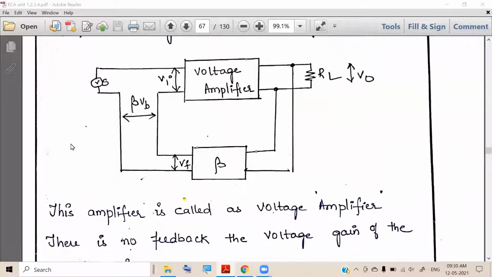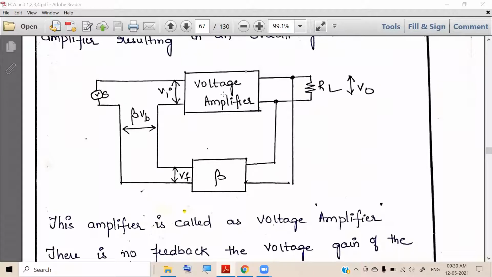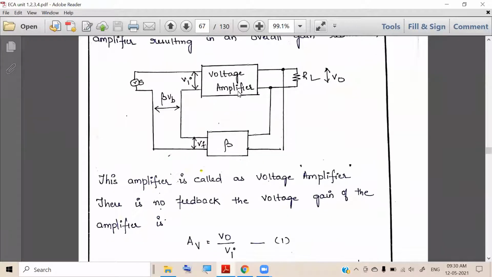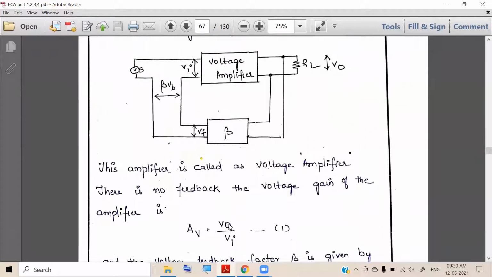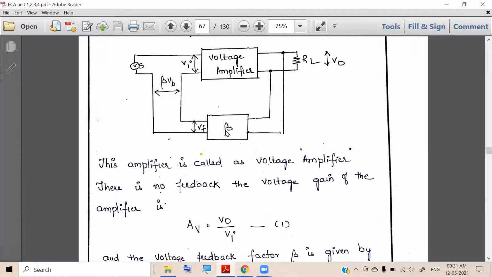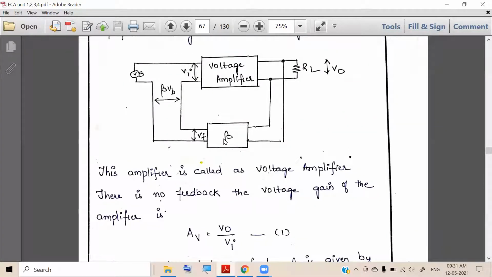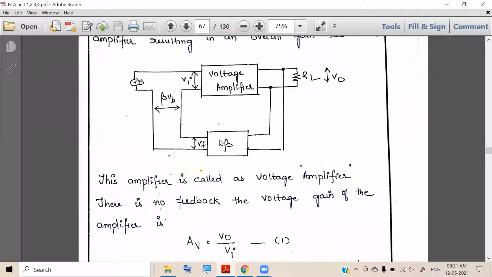Then AV, the gain of this block alone, is V0 by Vi. Then the feedback factor beta. Beta is simply its output divided by its input. The output of beta is the feedback signal, which is coming from the output like this.